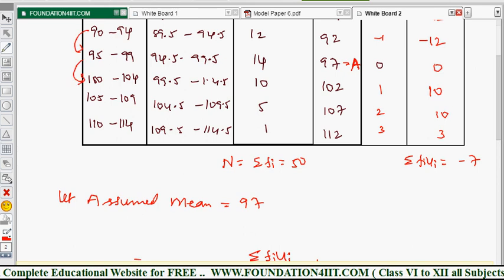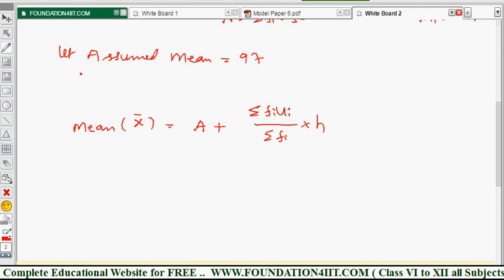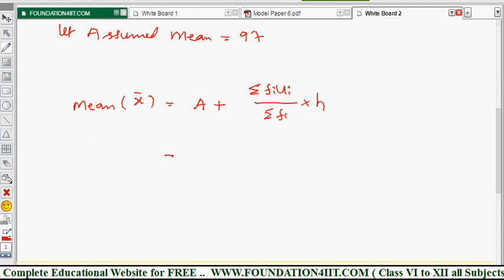The gap is 5. Substitute all these values: a is 97, sigma fi ui is minus 7, by 50, into class size 5. We cancel: 5 ones are 5, 5 tens are 50, so 97 minus 7 by 10.